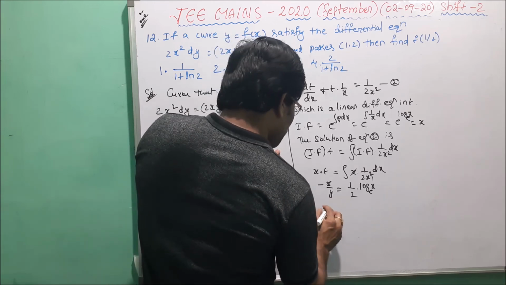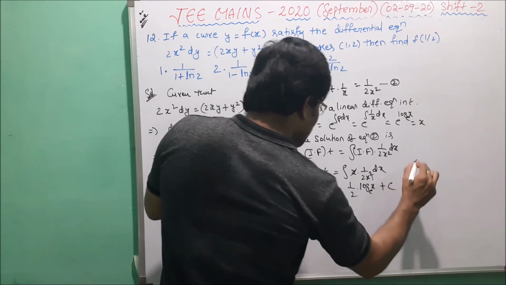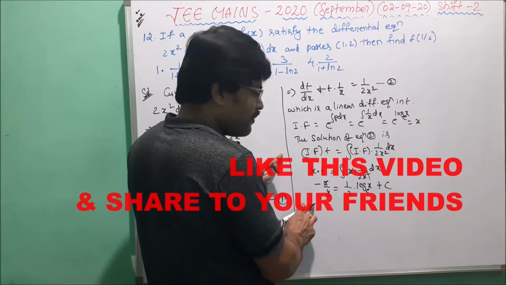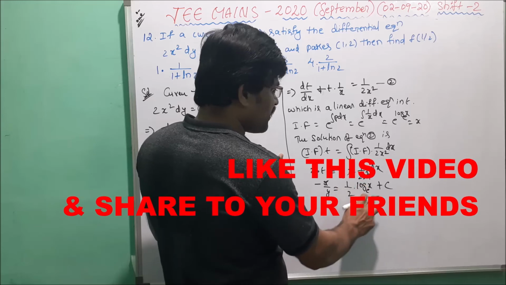Here we write plus c, the integral constant. So the solution of equation 2 is minus x/y equals 1/2 log x plus c.